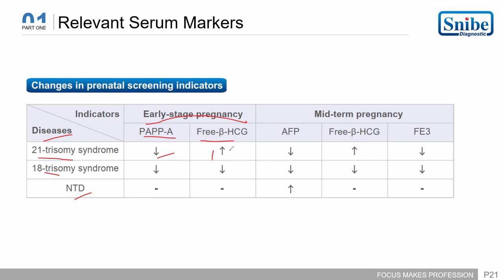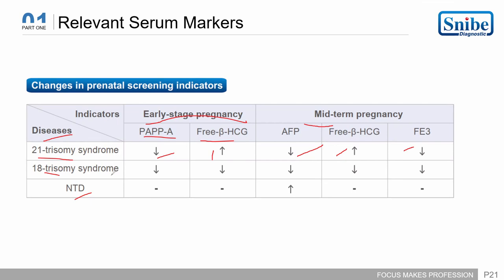And in a midterm pregnancy, they do a triple test including alpha fetoprotein. In trisomy 21, the alpha fetoprotein value goes down, the beta HCG is increased, and free estriol is also decreased.